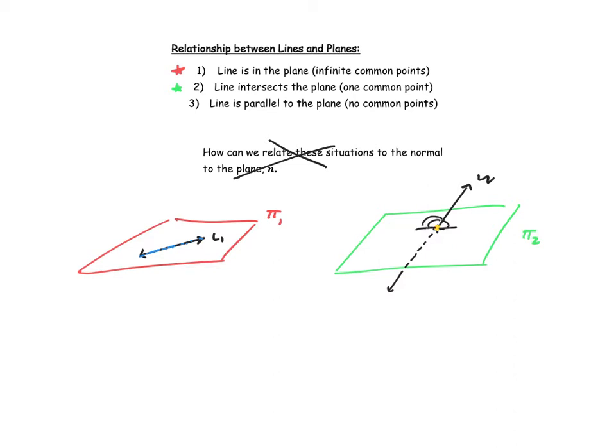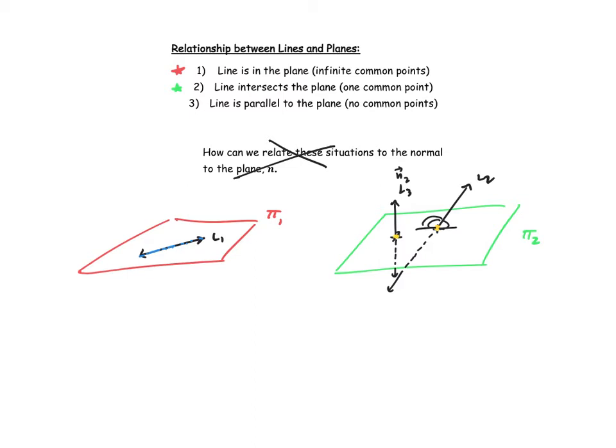You could even have a line, let's call it L3, that is perpendicular to the plane, right? That's called a normal line. So we would technically call this the normal for pi 2, right? So we could have one point of intersection with a line and a plane. That's possible.